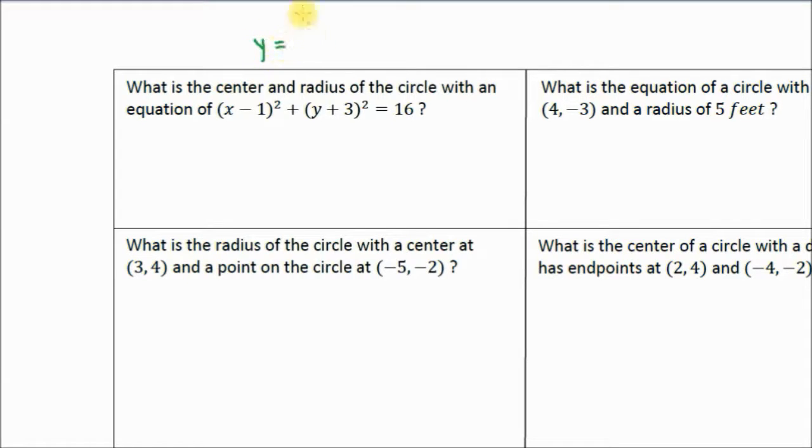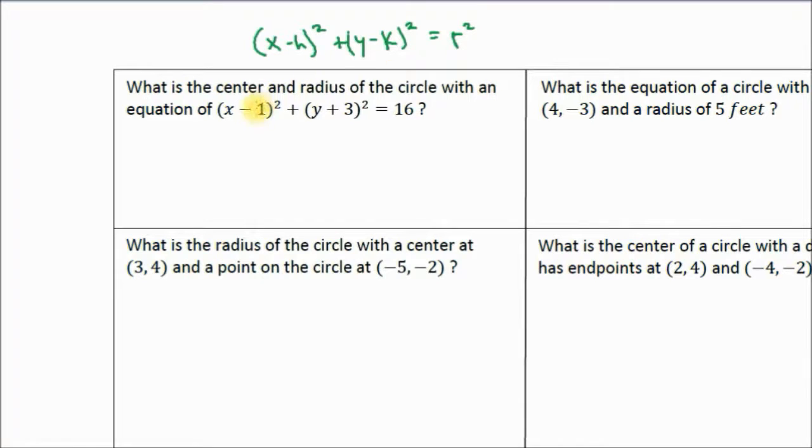Y equals, oh, that's not right. I'm thinking parabolas. Let's try again. (x minus h) squared plus (y minus k) squared is equal to radius squared.